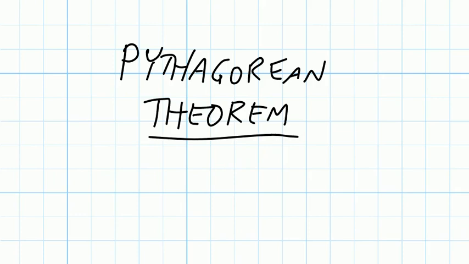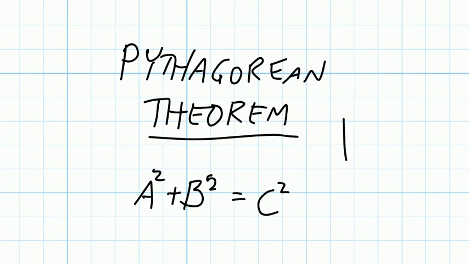So what this guy said way back when is that if you take the sides of a triangle, a squared plus b squared equals c squared. So if we have our triangle over here, let's say this is a right triangle.